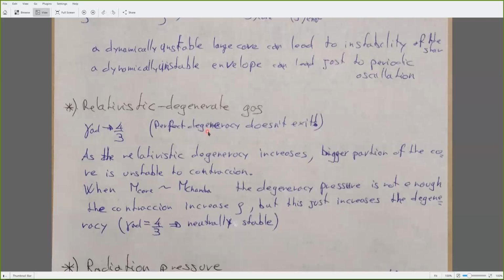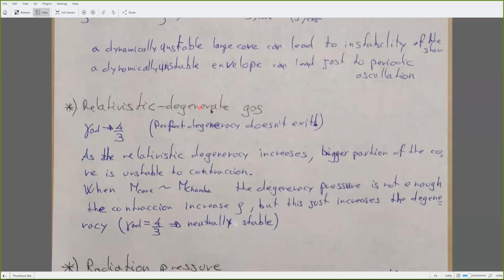Usually we have a gradient of degeneracy inside. Relativistic degeneracy is in the center, it decreases outside, and the upper part is a mix of degenerate and non-degenerate gas.